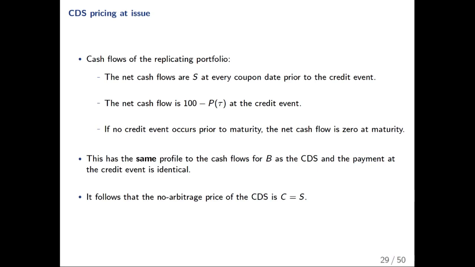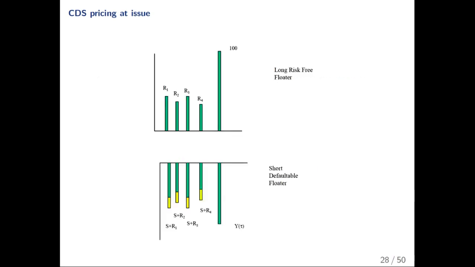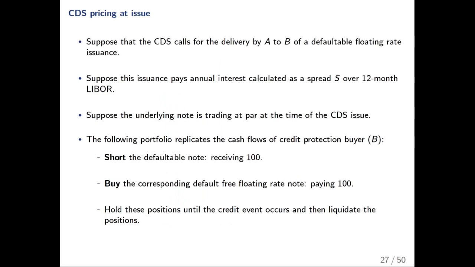So this has exactly the same cash flow profile as buying a CDS. So what is a CDS? A CDS is equivalent to selling a bond and investing it in the risk-free rate. Which makes it clear that if I buy a CDS, it's exactly like shorting a bond and investing in the risk-free rate.